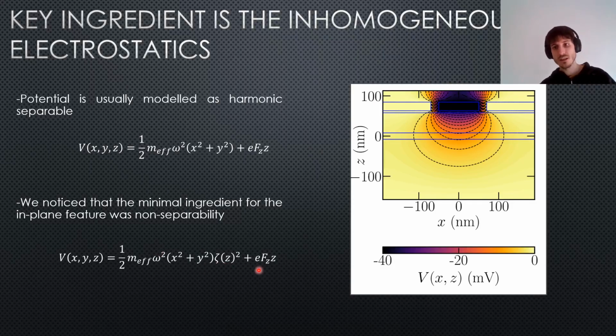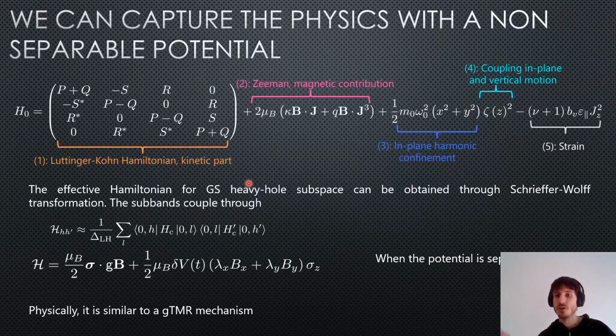This is something that you can actually model yourself with this kind of toy model. If you go ahead and model the in-plane confinement potential depending on the vertical electric field as it happens in reality, you can perform perturbation theory with the convoluting Hamiltonian and extract an effective Hamiltonian for your heavy hole that can now allow Rabi oscillations when the magnetic field is in plane.